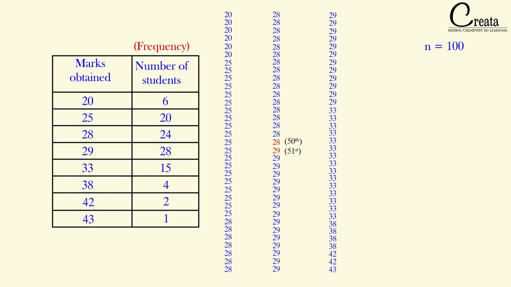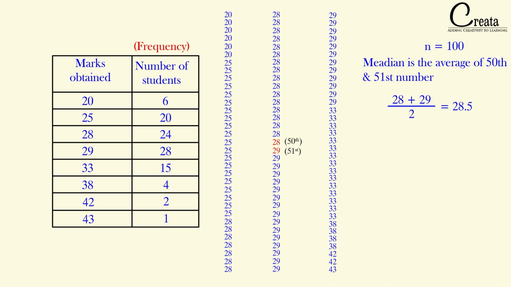But here we have the case of an even count. The 50th term and the 51st term are the middle numbers, and the median is the average of these two numbers. The 50th term is 28 and the 51st term is 29. So the average of 28 and 29 is 28.5. That is the answer.